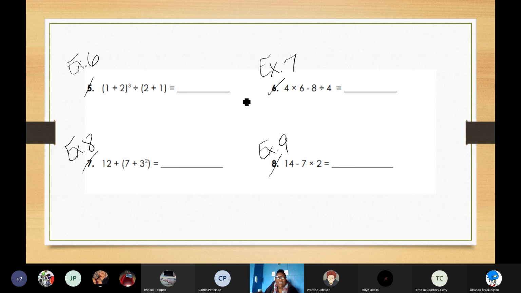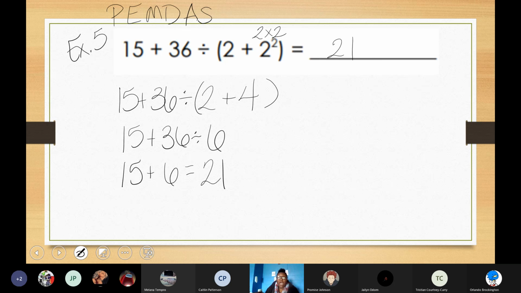Take some time, please, and I just want you to write down example 6 right now. Don't worry about 7, 8, and 9 yet. So with example 6, we get our first problem where we have an exponent on the outside of our parentheses. You saw here with example 5, the exponents were inside our parentheses.